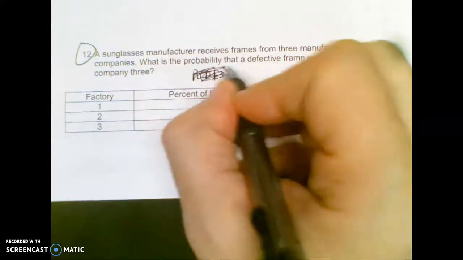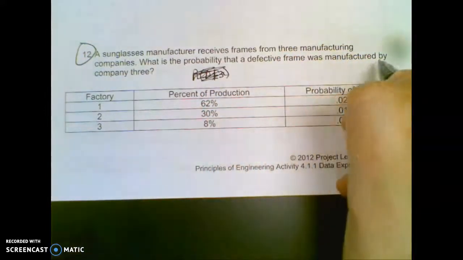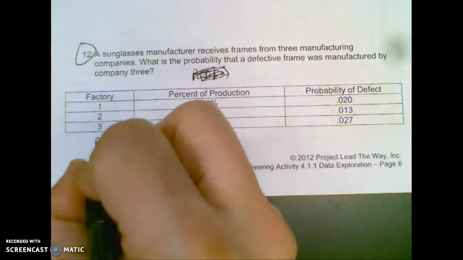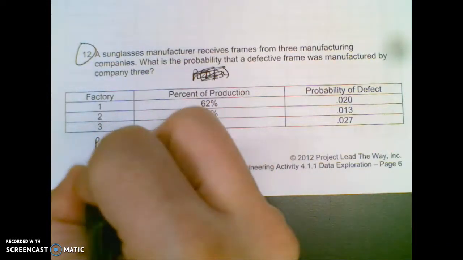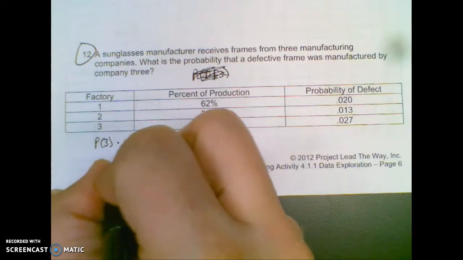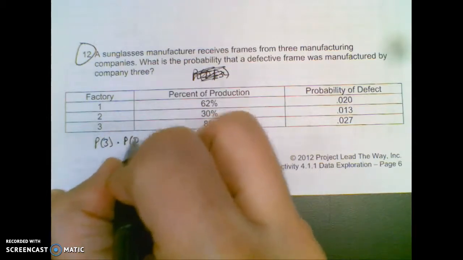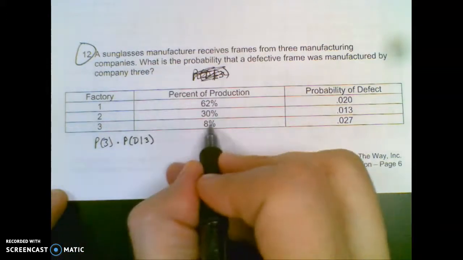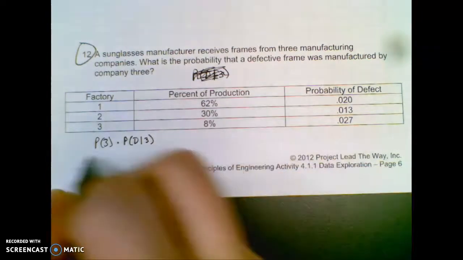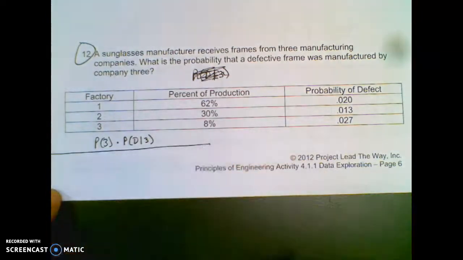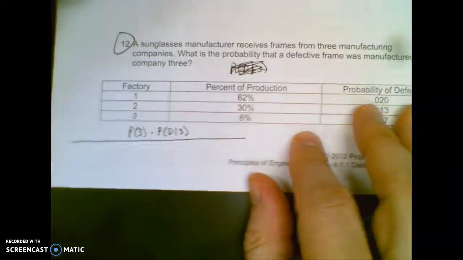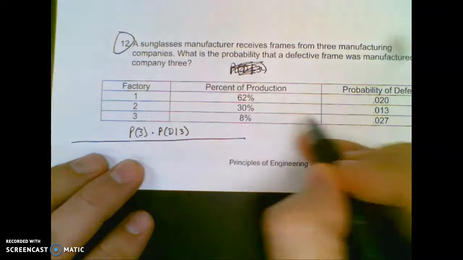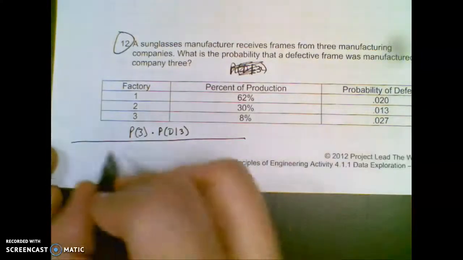So this says, what's the probability a defective frame was manufactured by company 3? First of all, that's going to be the probability that it even came from plant 3 times the probability it was defective at plant 3. That's the 8% times the 0.27. And that has to be over your total. The downside is the total, it's kind of like a weighted grade. You'll take the percent times their defects plus their percent times their defects plus their percent times their defects.